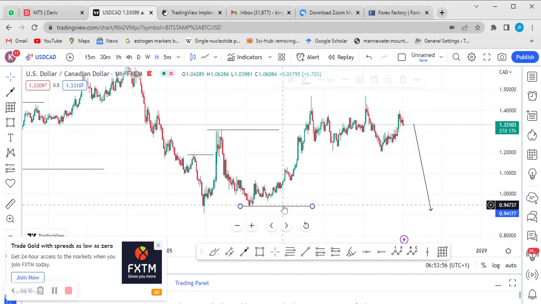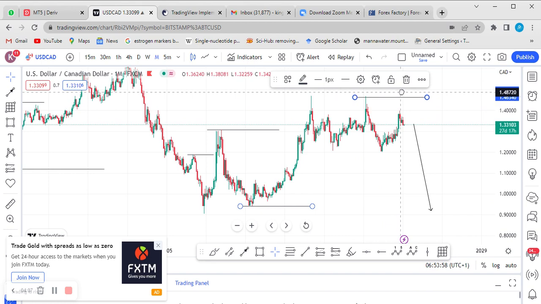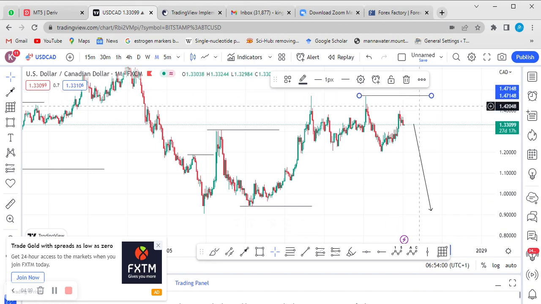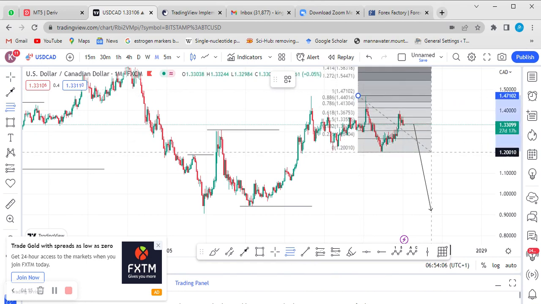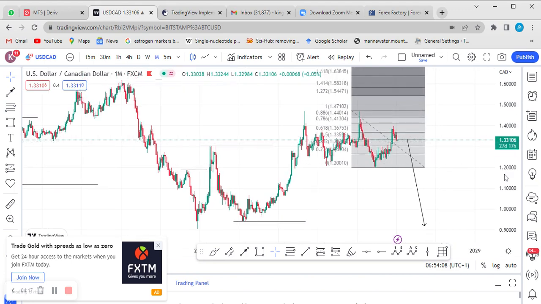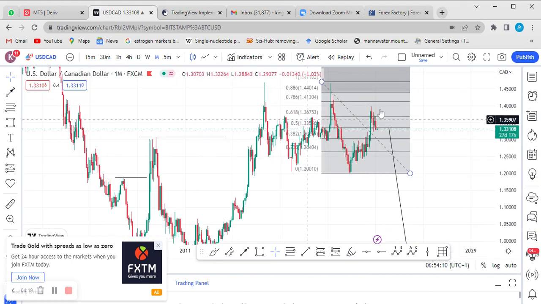So we have our new high. So now let's calculate our retracement too. So we can see that price already tapped into the premium zone. We can see it's above 61.8.